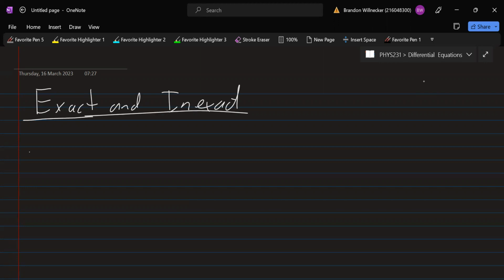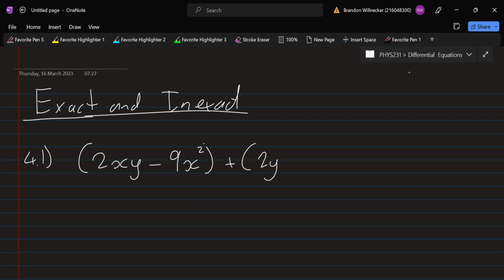Okay, so 4.1, we have the differential equation 2xy minus 9x squared plus 2y plus x squared plus 1 dy dx is equal to 0.